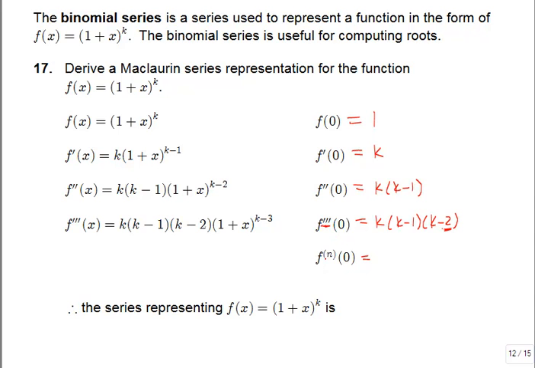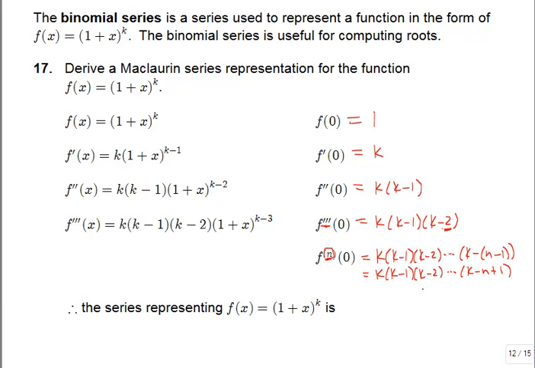So if we want the nth derivative, we're going to have k minus 1, k minus 2, all the way down to k minus 1 less than this number. So that's going to be 1 less than n. And if you clean that up just a little bit, that's k times k minus 1 times k minus 2, all the way down to k minus n plus 1. Okay, so those are your coefficients.